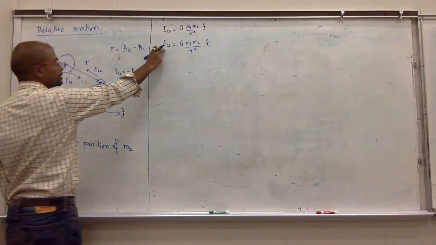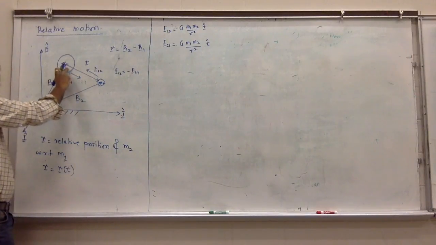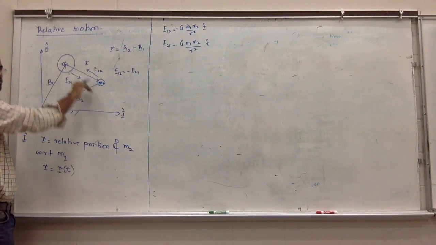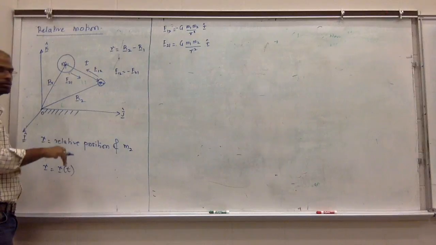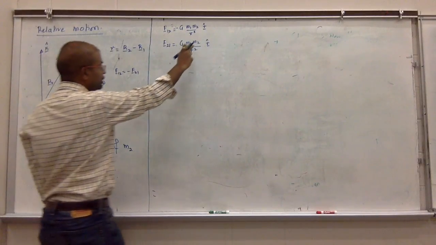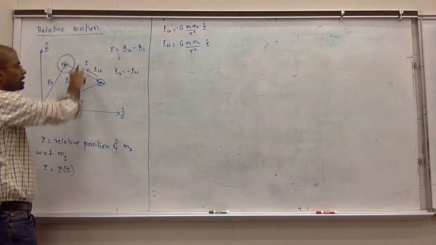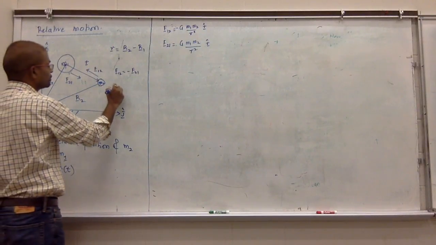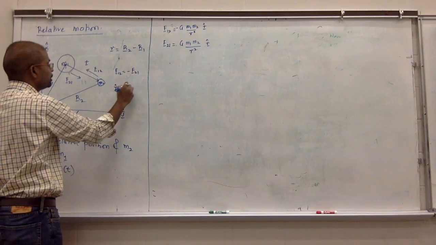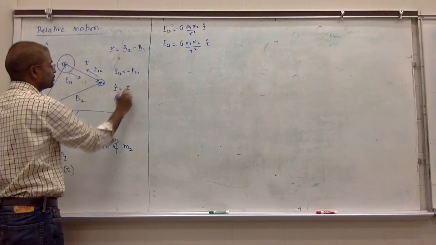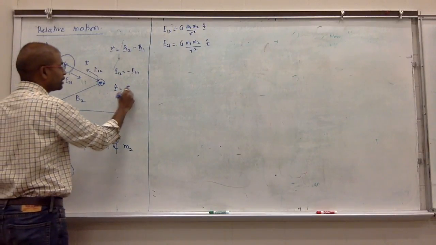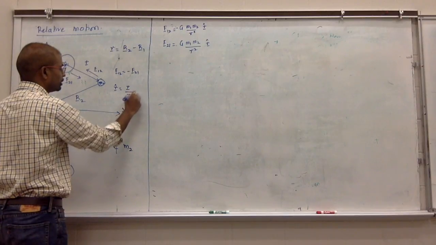This is force of attraction of m1 with respect to m2, which is in this direction. Now, if we define this R is in this direction, right? So this R cap would be what? Simply R divided by its magnitude.